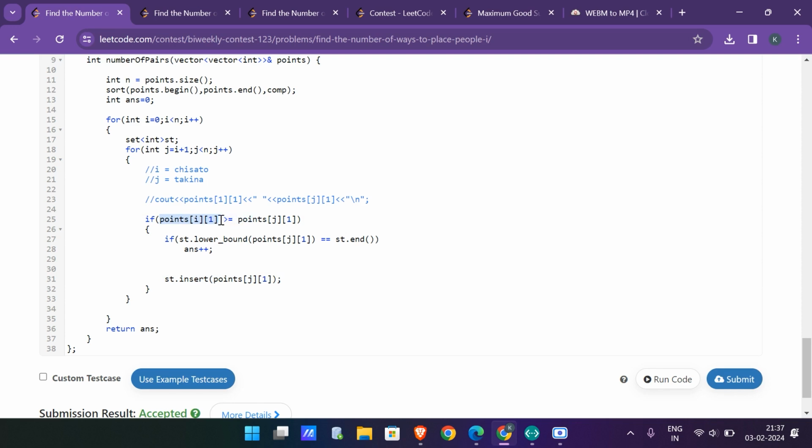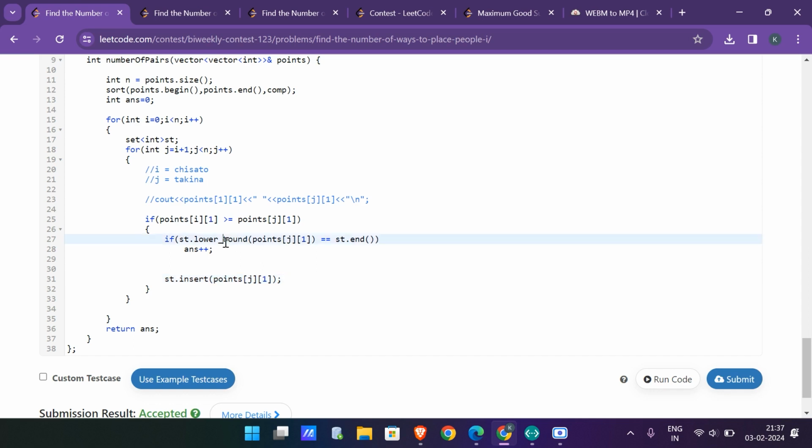If the current jth point's y coordinate is less than or equal to Sisaster's y coordinate, then only I'm inserting it. It means whatever y coordinates are present in the set are all lesser than or equal to Sisaster's.